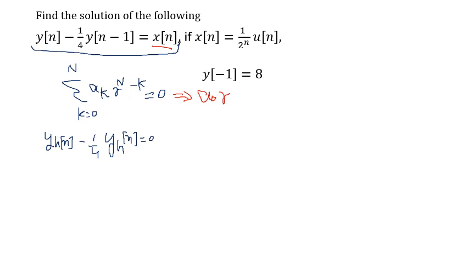putting the value. Capital N equals 1, so k is 0, at 0 we have a naught and N minus 0, N equals 1, so that means 1, and then plus the second term will be a1 and r power, for k running from 0 up to 1, so a naught r plus a1 r power 1 minus 1.